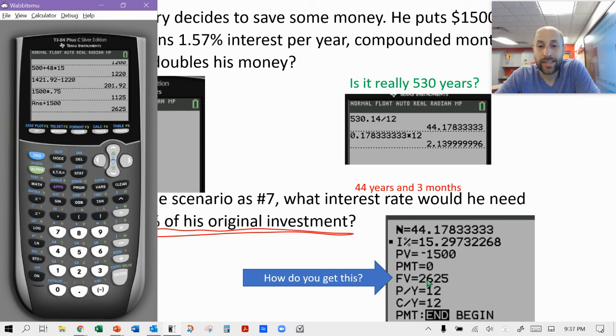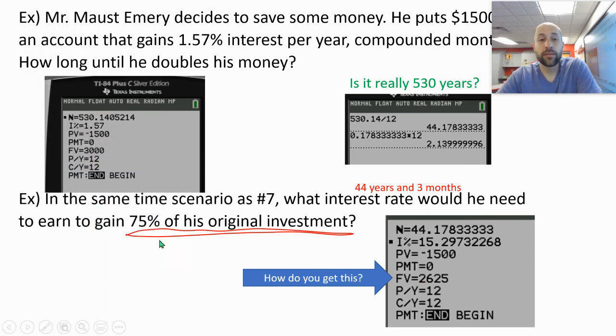So in this case, the 2625 comes from calculating 75% of 1,500 and then adding that in to get that 2625. So the interest rate I would need is 15%, which is huge. It's a huge interest rate to get that to the amount that I need.